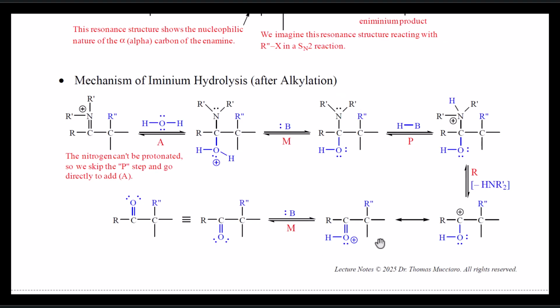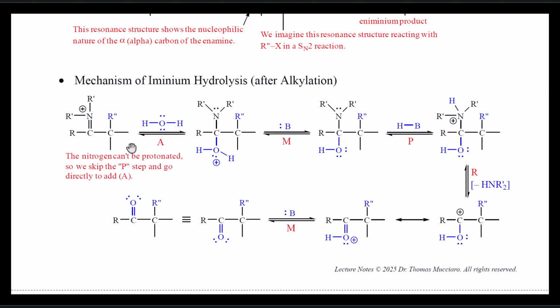The mechanism of that hydrolysis is shown here, and this is essentially a PRAM mechanism. The only thing is that we don't start with a protonation step because the nitrogen already has a positive charge and it has no lone pair to be protonated.